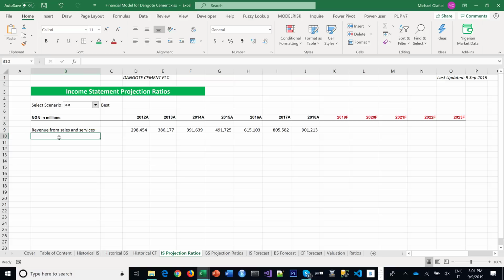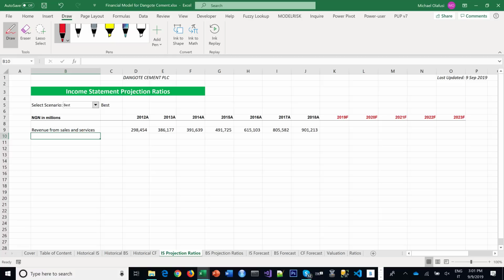So for revenue, if I don't have internal records, if I don't know what the plan of the company is, one rule of thumb is to just say we're going to forecast the revenue on a year on year growth basis. So typically when it comes to forecasting, there are two general approaches you will take.